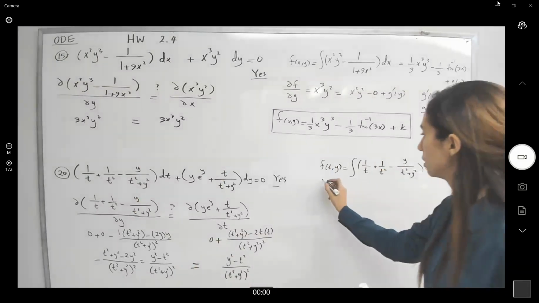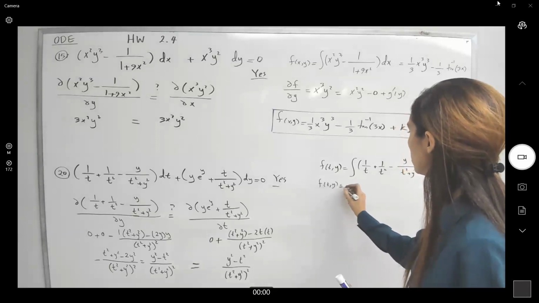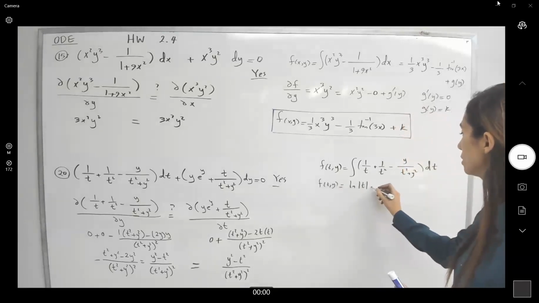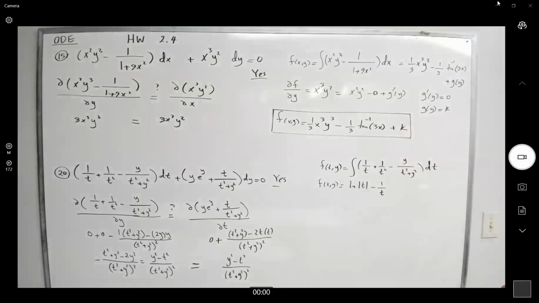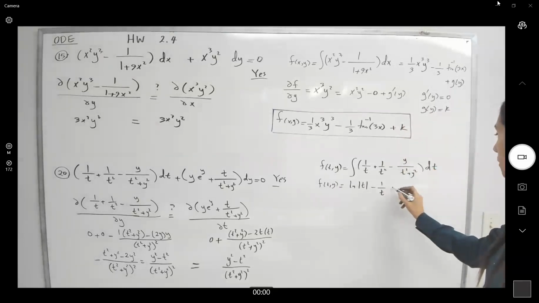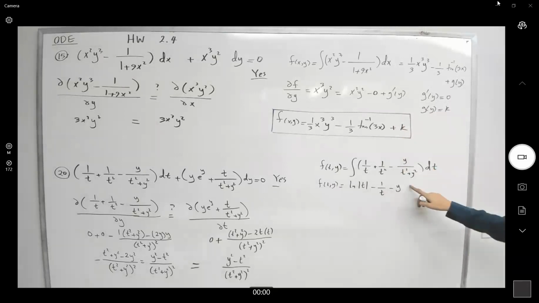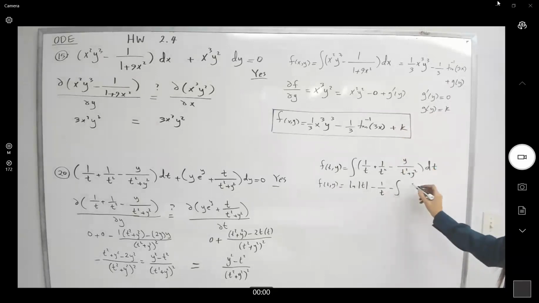Very well. So f of t and y becomes ln of the absolute value of t minus 1 over t. And here, you have t squared plus a constant, and on the numerator you have your constant, so you're going to copy down negative y. And if you write this in terms of t over y, you can see that you have the arctangent of t over y. So I'm going to write it this way: the integral of y divided by (t over y) squared plus 1.